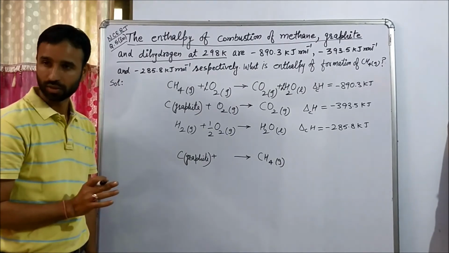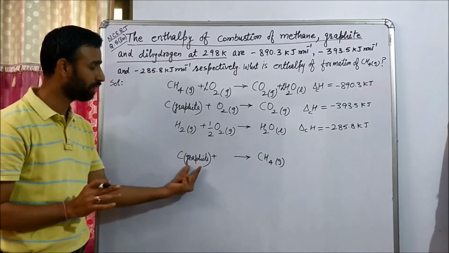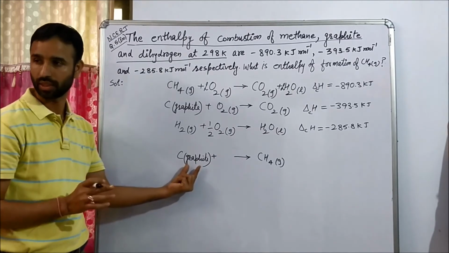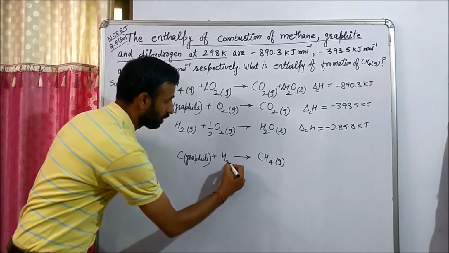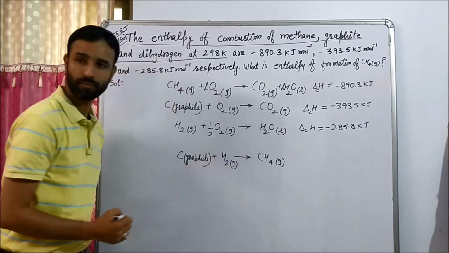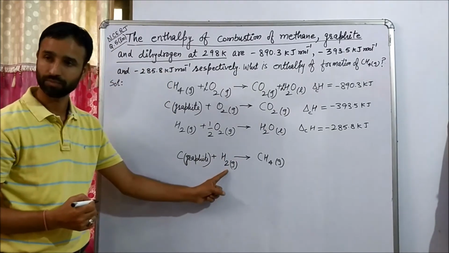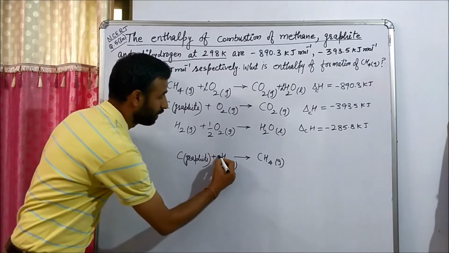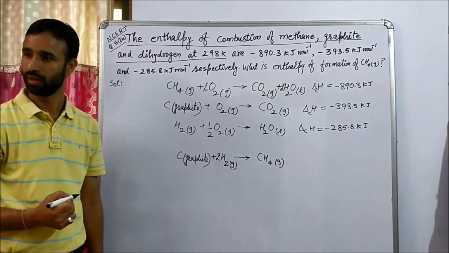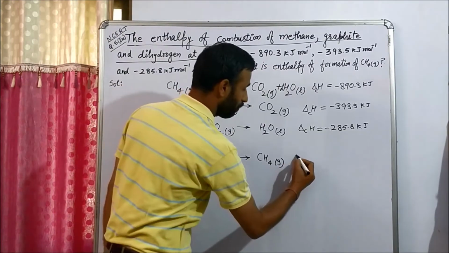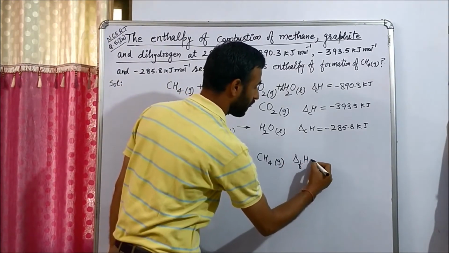So the thermodynamically most stable form of carbon is graphite, right? And along with H2 gas, how many H2 gases? Two. So this is the equation of enthalpy of formation of methane that we have to calculate, and it is represented like this.